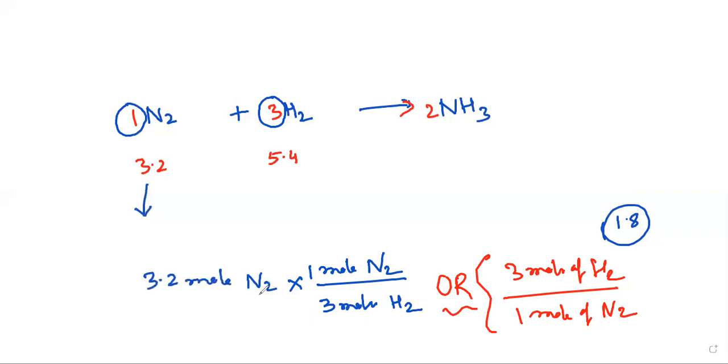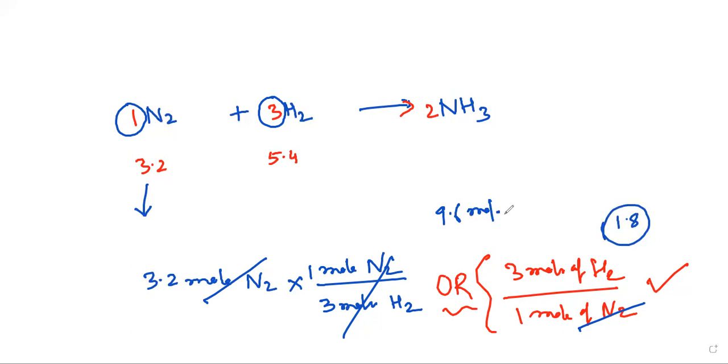If we have to find the number of moles of H2, we use this one, with 1 mole of N2 in the denominator. The moles of N2 cancel, and we get 9.6 moles of H2.